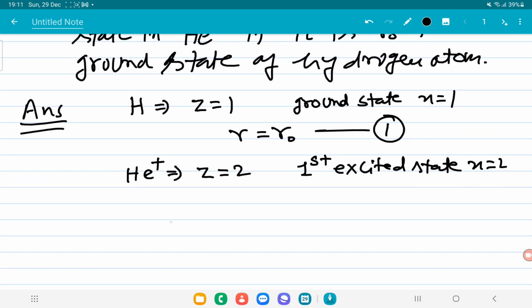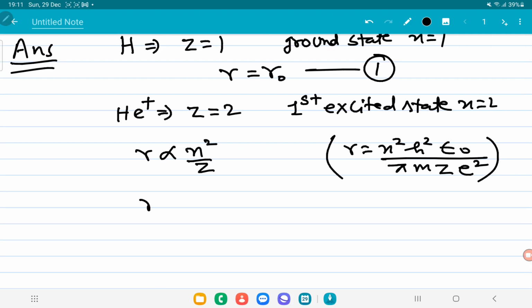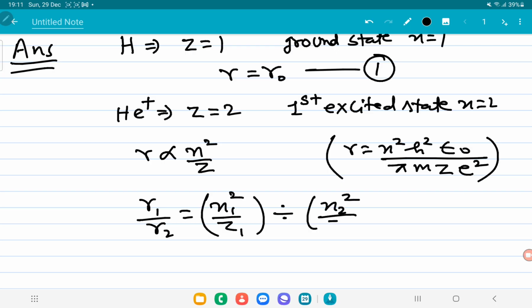Now we also know that r is proportional to n square. The expression was r equals n square h square epsilon naught upon pi m Z e square. So over here Z is also changing. So we have to write n square over Z, and based on that we can simply write r1 upon r2 equal to n1 square upon Z1 divided by n2 square upon Z2.